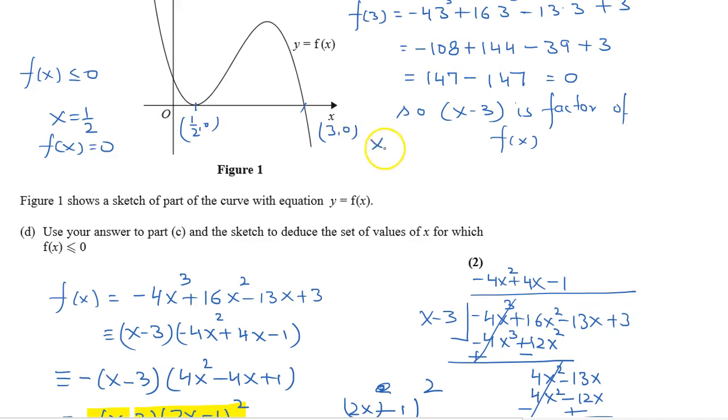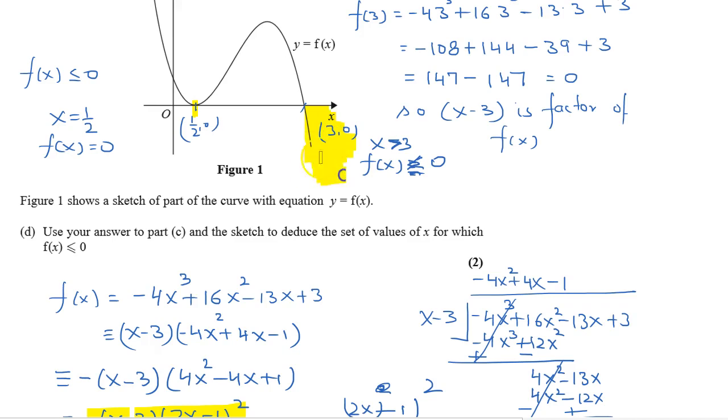And at x greater than 3, f(x) is less than 0. Means all these values, just this point and all these values here.